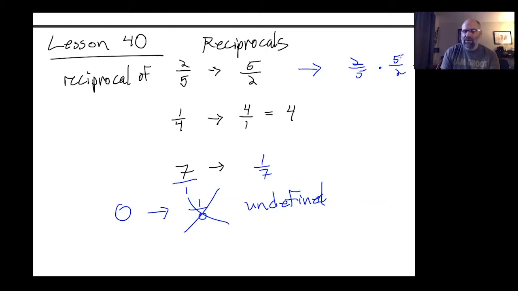Because you can either get 10 over 10, right? Which is equal to 1, or you can cross reduce. You get 1 over 1, which is just 1. So whenever you multiply a fraction by its reciprocal, you get 1. And that will help us when we're trying to solve equations. Let me show you.